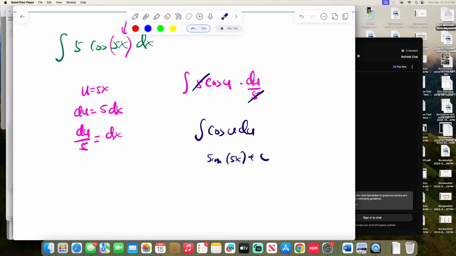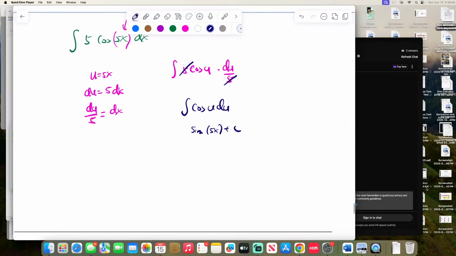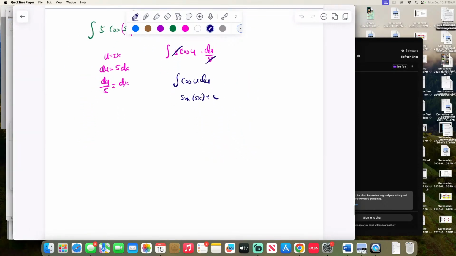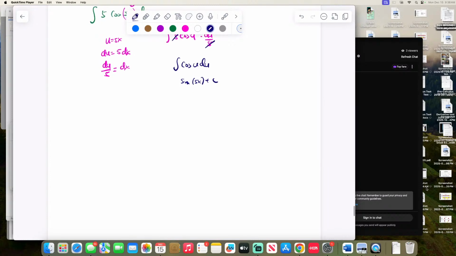So you can always reverse engineer by taking a derivative because they are opposites of each other. Next thing, I'll let you try one.